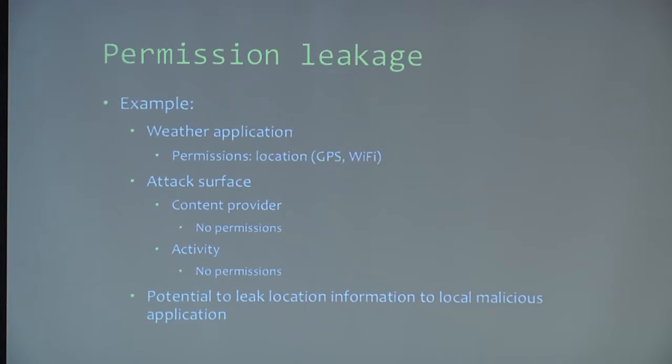So if you can launch the activity, update GPS, and then access the content provider, it's going to say Austin, Texas. So if there's a malicious party on my device, they now have access to GPS, which without me explicitly granting that, right? This is a really simple example. People have written papers on much more complex examples.